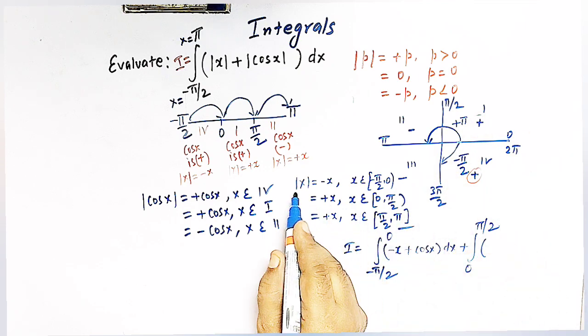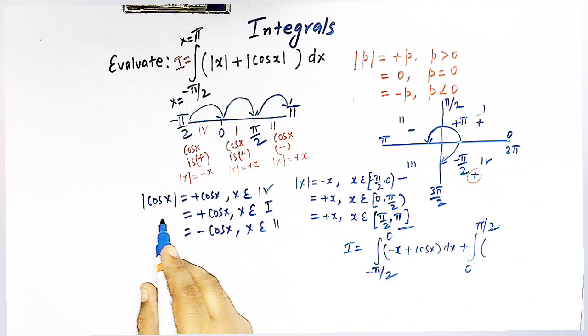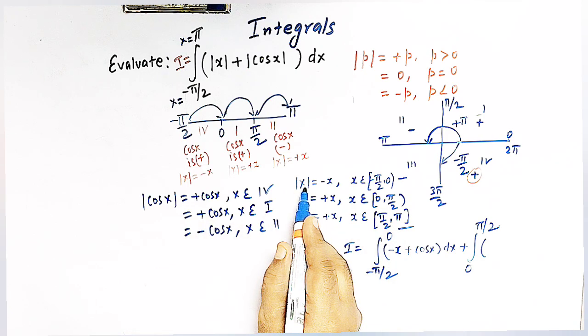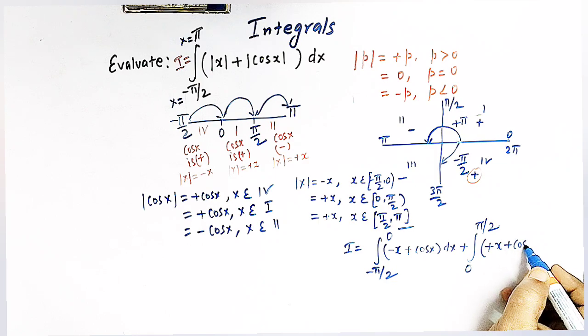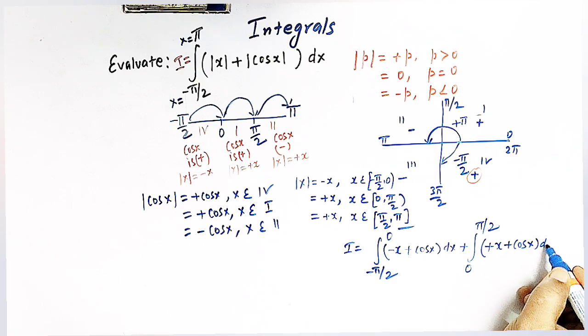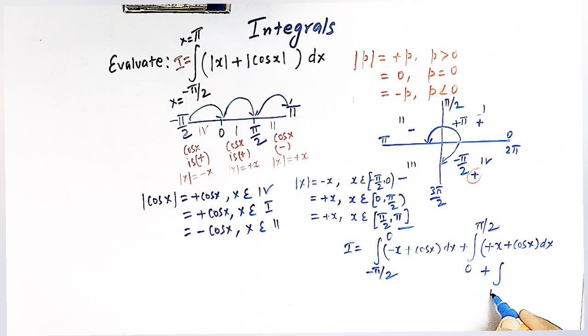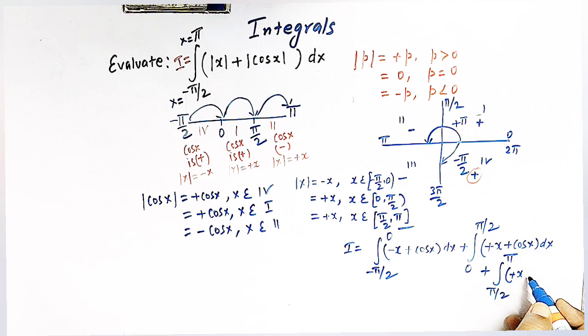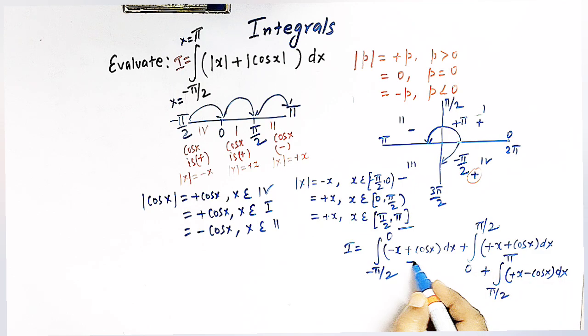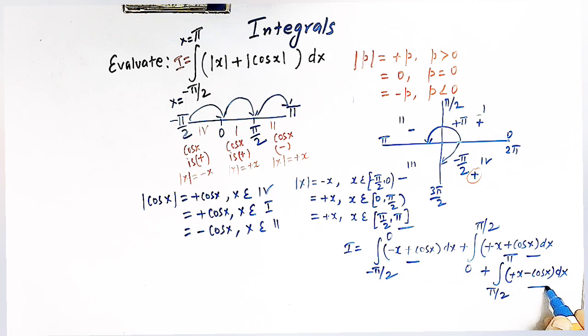In the first quadrant, mod of x is positive and mod of cos x is also positive, so we have plus x, and here we have positive cos x. And when we go from pi by 2 to pi, then mod of x is again positive x, and mod of cos x is negative cos of x.